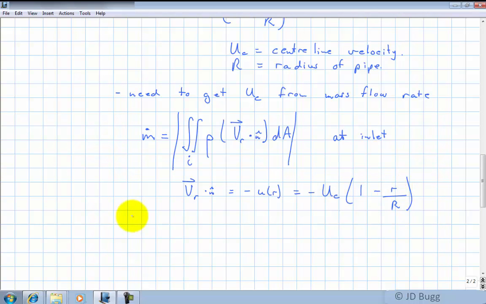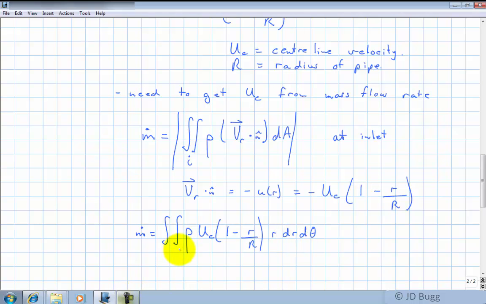So that's good. So now we can come back and assemble this mass flow rate. Remember what we're integrating with respect to here. This is a circular pipe, so our dA is going to be r dr d theta. So we'll fill in the limits in a moment. We have rho, we have Uc (1 minus r over R) times our element of area, r dr d theta.